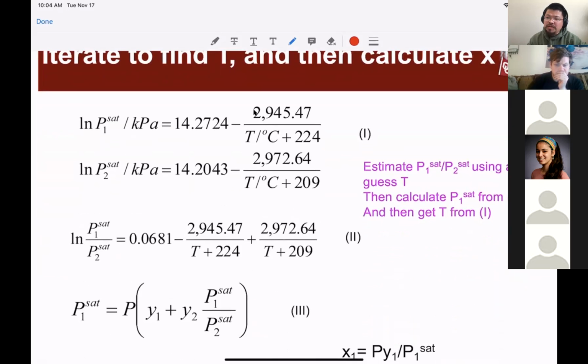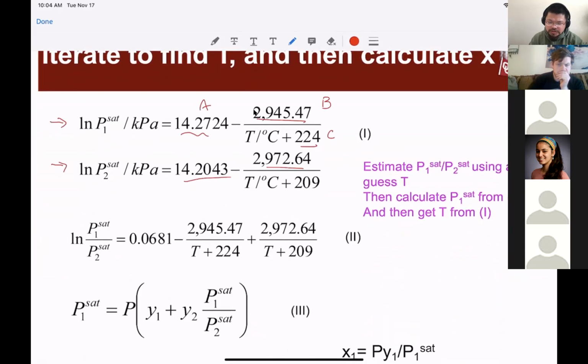And that's a common trick in this type of calculation. So if we start from the Antoine equation, and as I mentioned, those would be the A, B, C values. You can see that those values are species dependent, right? For each component, they will have their corresponding A, B, C values.